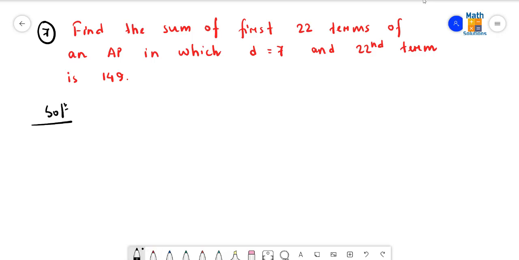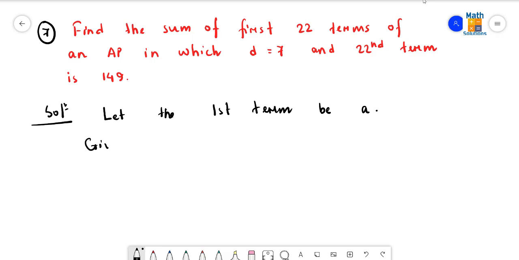here what do we have? Actually the first term we do not have here. So let the first term be a.